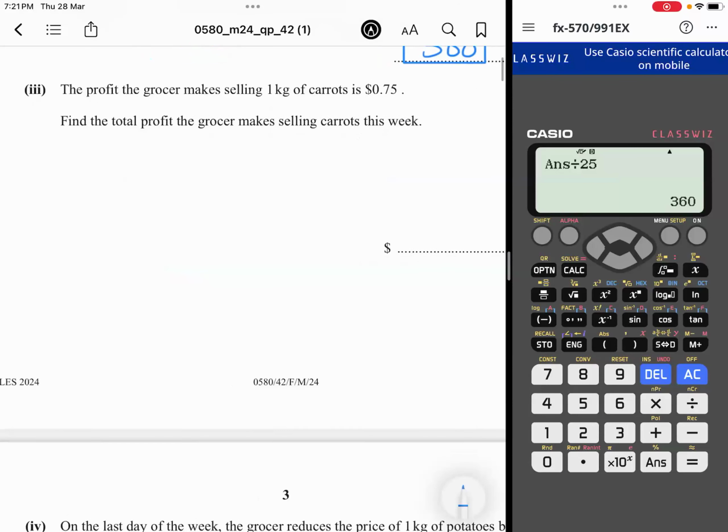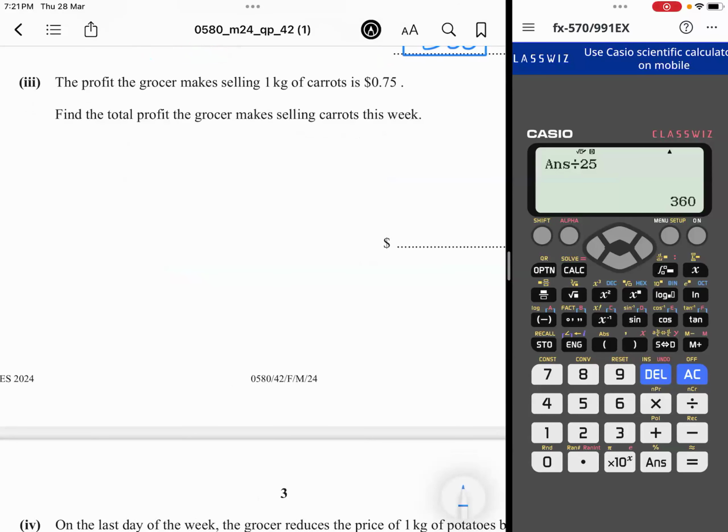The profit the grocer makes selling 1 kg of carrots is $0.75. Find the total profit the grocer makes selling carrots this week.